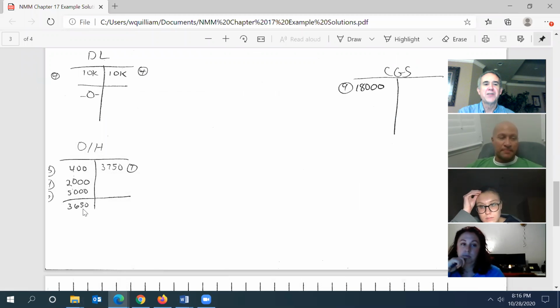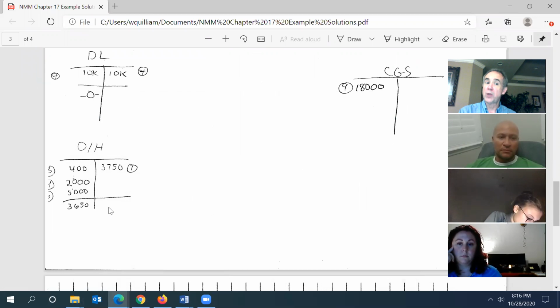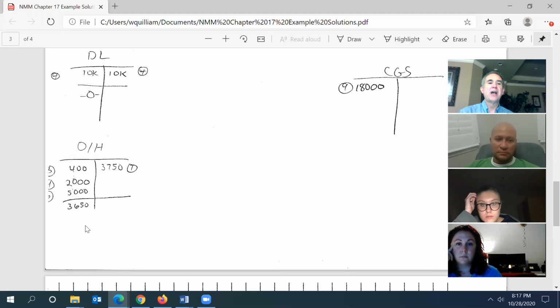So 3650, we must zero it out. Overhead has been underallocated. We have not allocated enough. Now, we could have a balance in overhead on the credit side, in which case overhead is overallocated. Doesn't matter because you simply plug it with the opposite figure to zero out the balance.